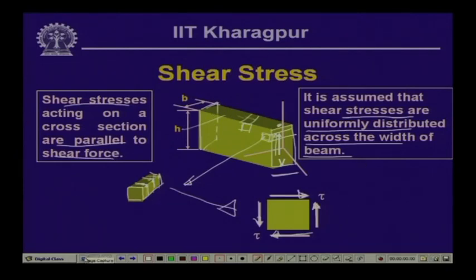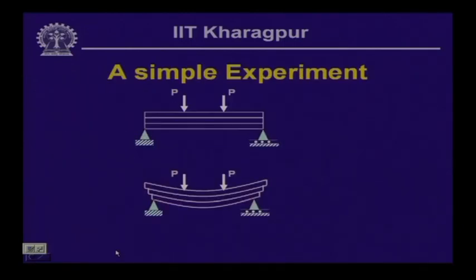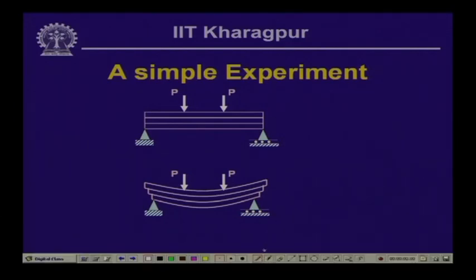Now, let us evaluate the magnitude of the shearing stress in terms of the sectional parameters. Before we go into the evaluation, you can think of a simple experiment. We take a number of small beams supported on supports, resting one after another, and we apply a load on top of this beam.